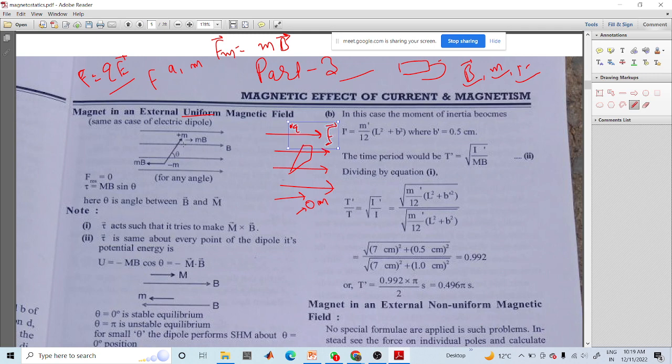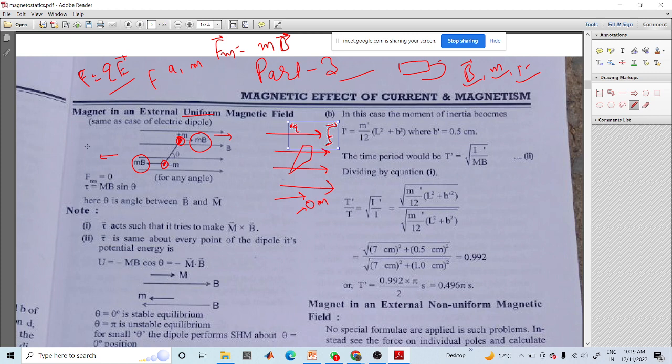In this magnet we have a north pole here, suppose, and a south pole here. These two poles will feel force. So what will that force be? That is mB. One will be in this direction, the other in this direction, because of the opposite sign.